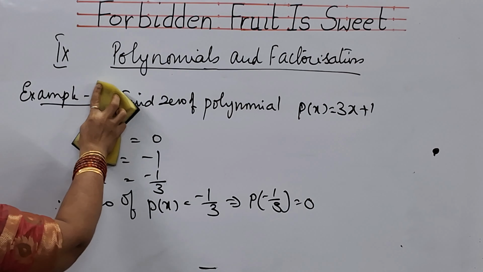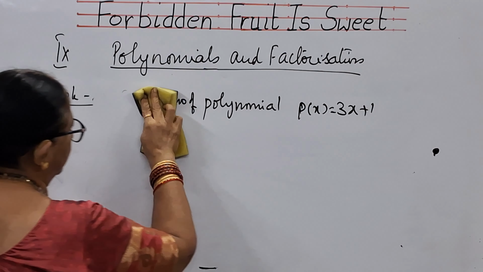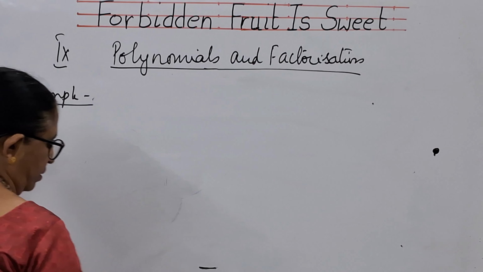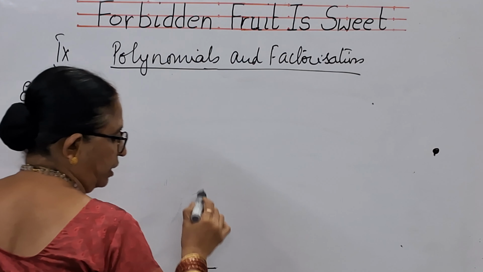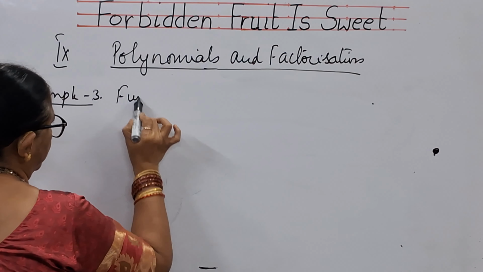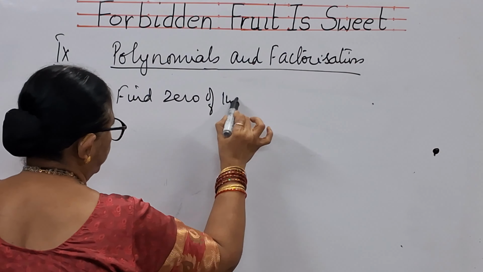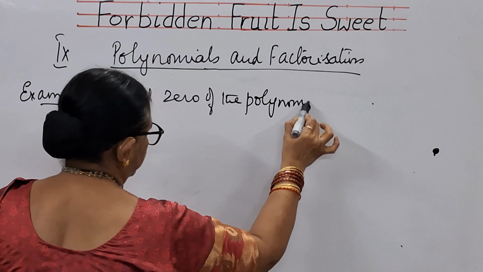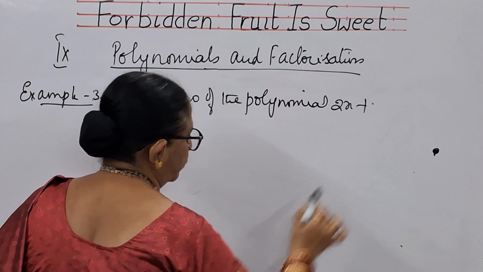Next, we will go to example 3. What is this example 3? Again, find the zero of the polynomial 2x minus 1.